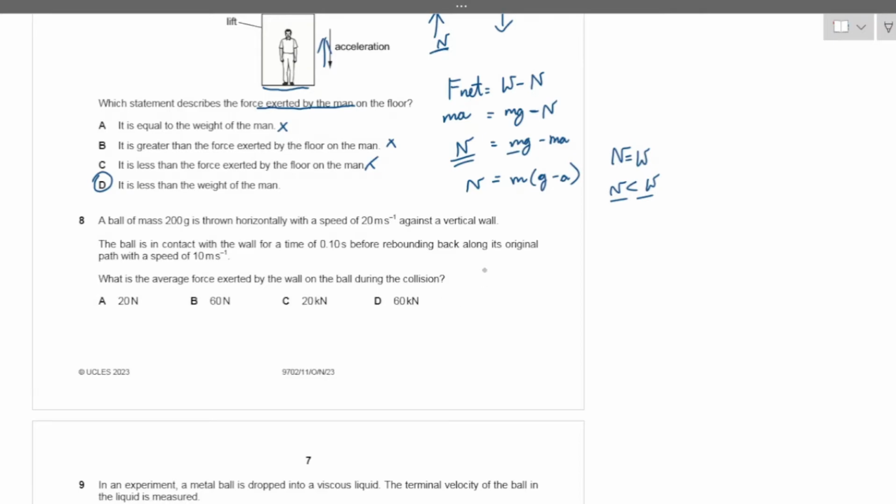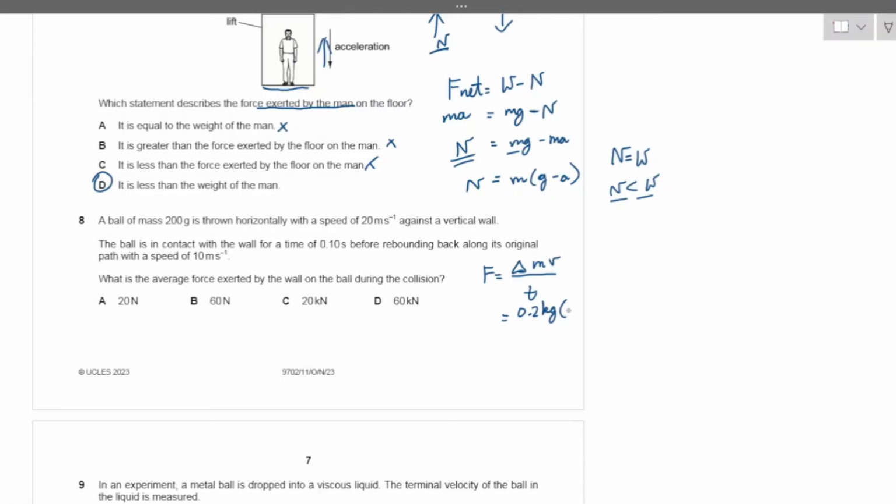Right. So to calculate the resultant force acting on the ball, that would be F equals delta mv over the time. Now note over here, we're calculating the force exerted on the ball. So the mass was 200 divided by 1000, that would be 0.2 kg, and the final minus initial velocity.